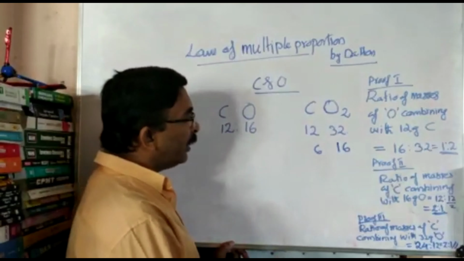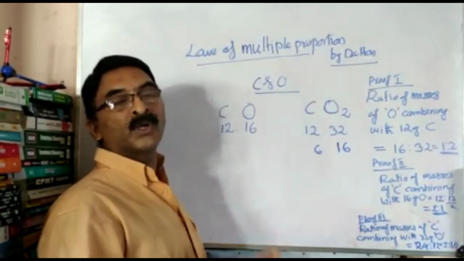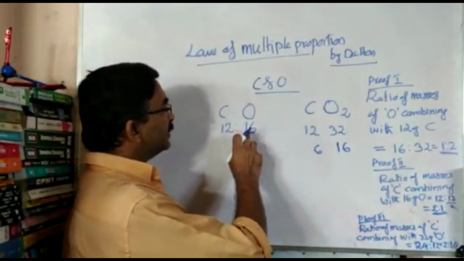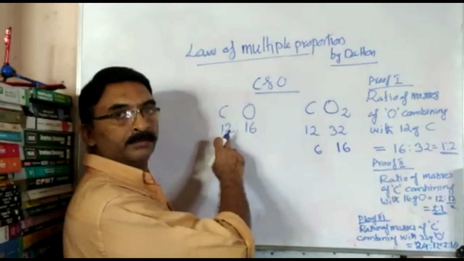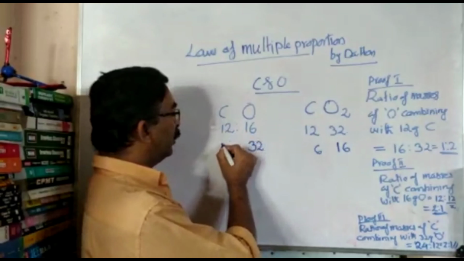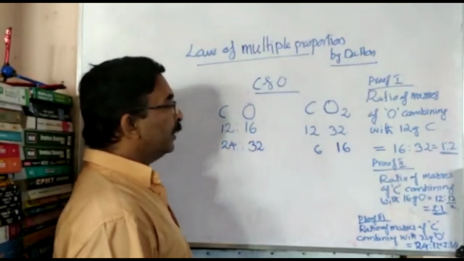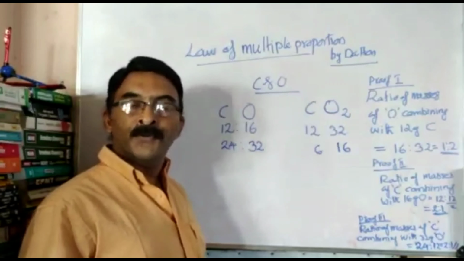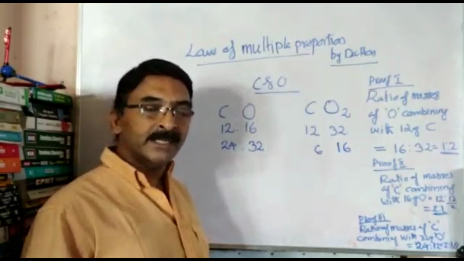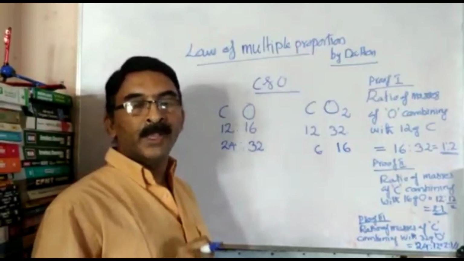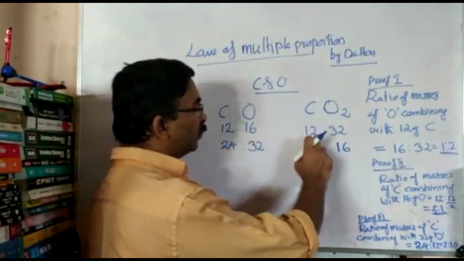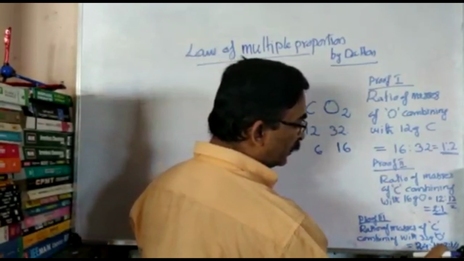Or we may even take 32 gram of oxygen as the fixed mass. Then how? Look here. Here 16 gram is combining with 12 gram. So 32 gram will combine with 2 into 12, 24 gram. Then the ratio of mass of carbon that combines with 32 gram oxygen, the fixed mass in this third example, will be 24 here and 12 here. 24 is to 12 is equal to 2 is to 1.